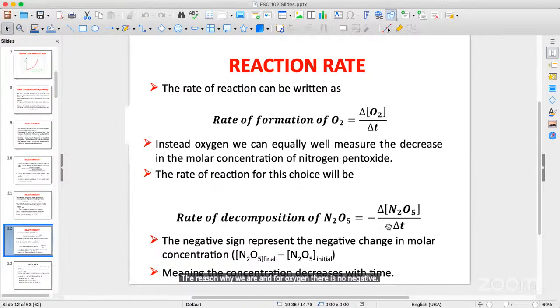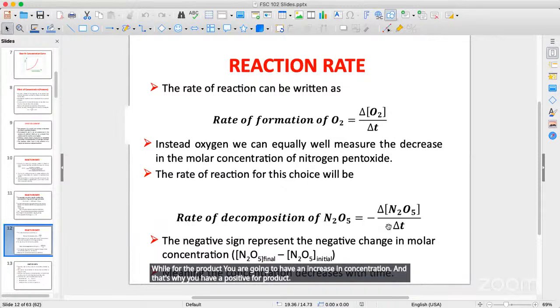This is the convention. The reason for it is that for a reactant, there is going to be a decrease in concentration, and that's why you have that negative, telling you there's going to be a decrease in concentration in the course of the reaction. While for the product, you are going to have an increase in concentration, and that's why you have a positive for product.